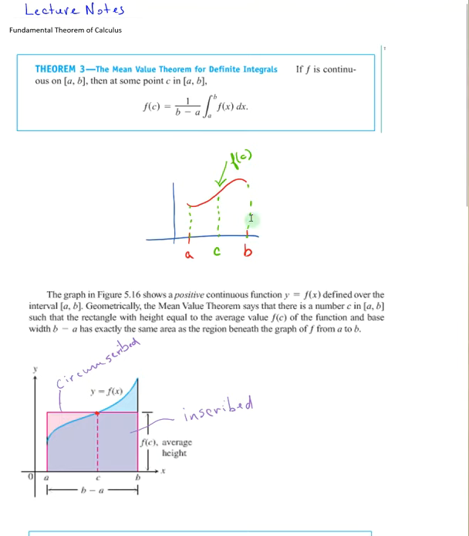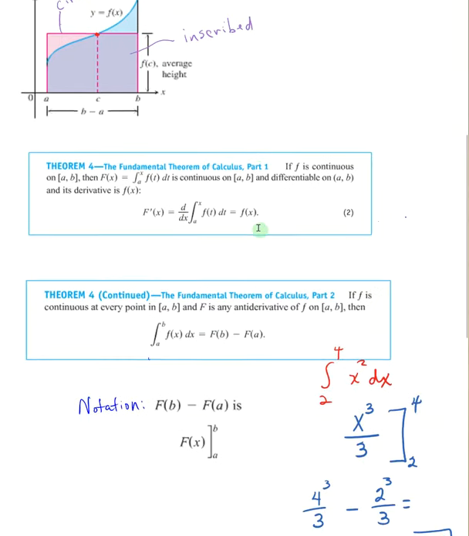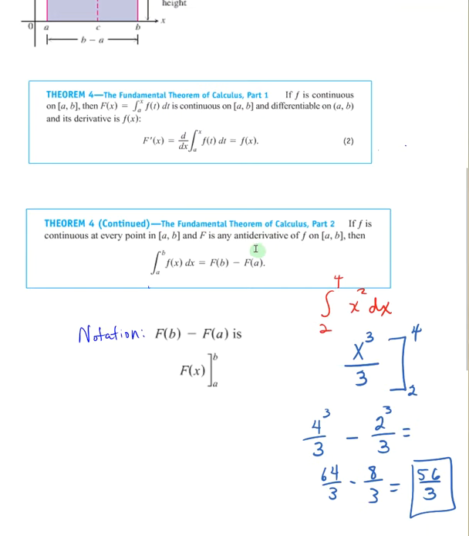And then down here, we have the fundamental theorem of calculus, and this is the one that we're going to focus on. If f is continuous at every point in a to b, and F is any antiderivative of little f on a to b, then when you evaluate it, which we did in the last section, the integral from a to b of f of x dx is F of b minus F of a, where you plug those in.